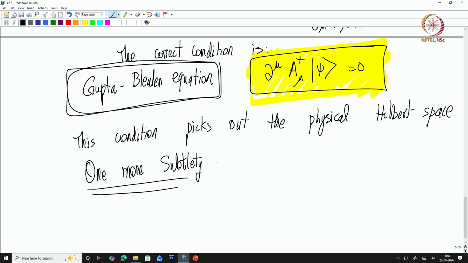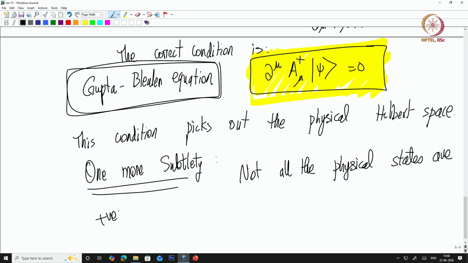I will not dwell on it completely, but there are a couple of subtleties here. It turns out that not all the physical norm states are positive definite. Let me put it this way: physical states are positive definite, but actually they are semi definite.